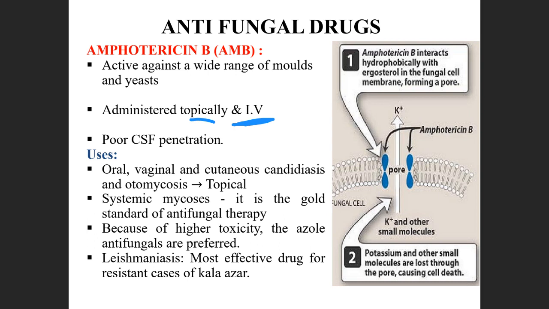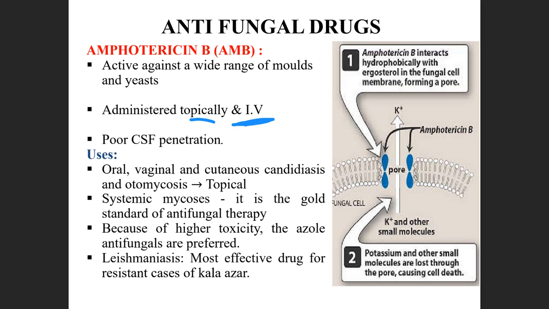And it has poor cerebrospinal fluid penetration. Amphotericin B interacts hydrophobically with ergosterol in the fungal cell membrane, forming pores. Through these pores, potassium and other small molecules are lost, causing cell death.